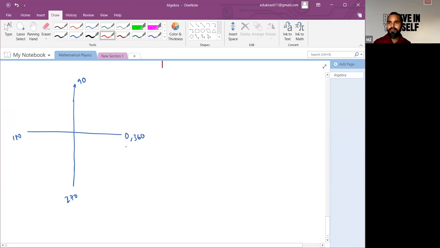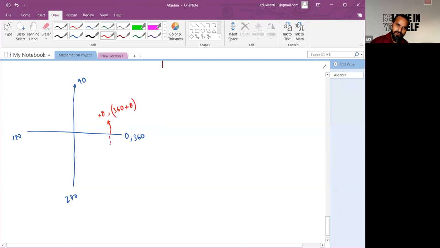I'm suggesting you define all of the change on the basis of the horizontal line only. So let's say we have 0 degree or 360 degree and 180 degree. If you move in the anti-clockwise direction, the angle would be positive. If you move in the clockwise direction, the angle would be negative. So from this point to this point, we can write 360 degree plus theta for the first quadrant.